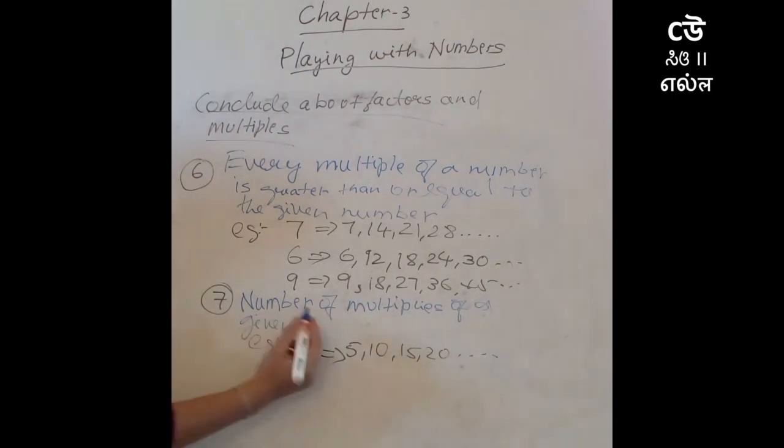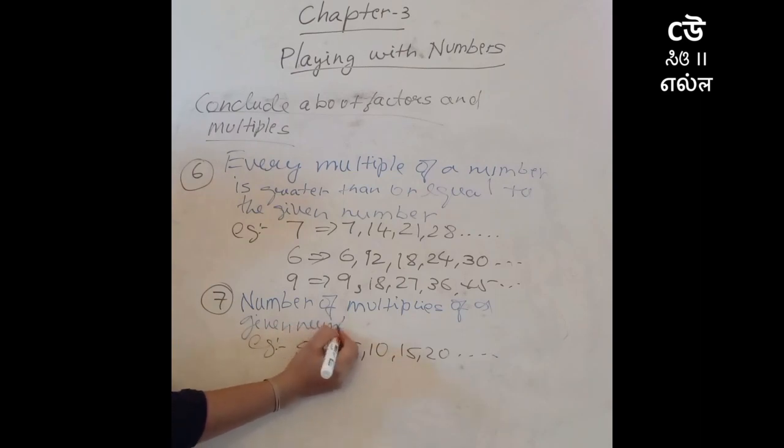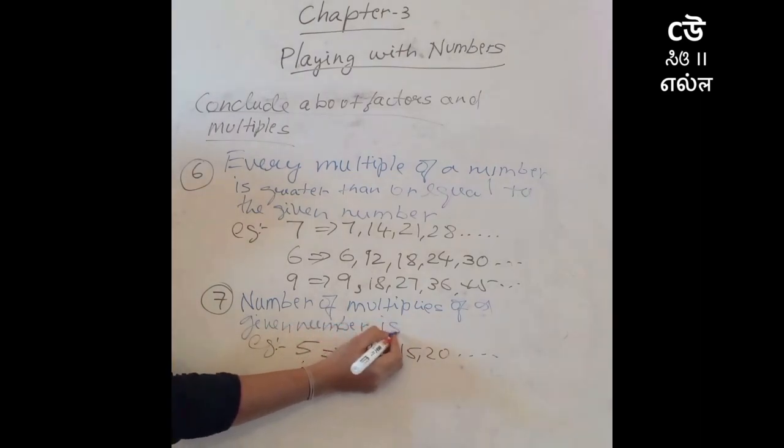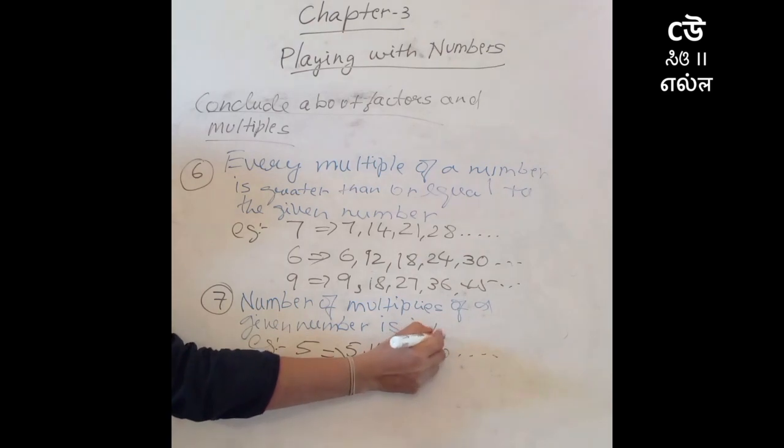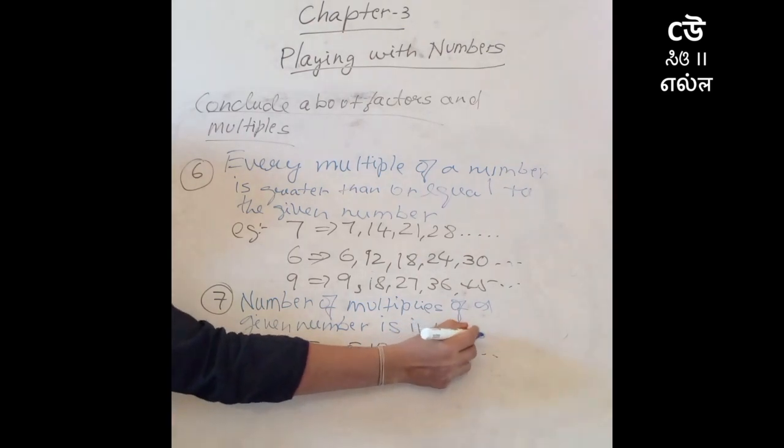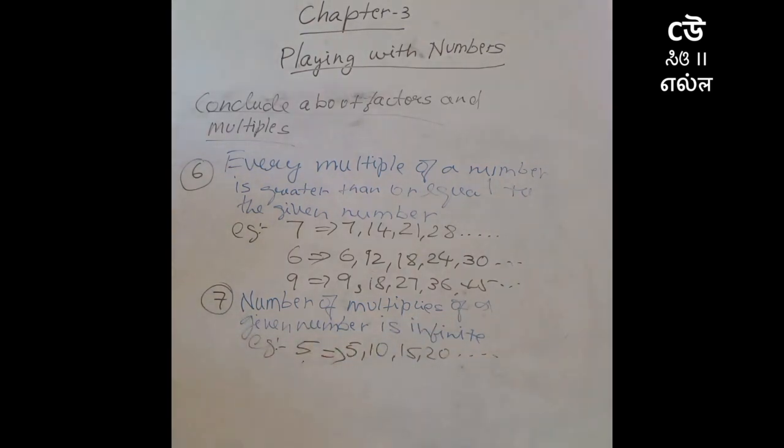Number of multiples for a given number is uncountable, that is infinite. Okay, and we can't count the number of multiples.